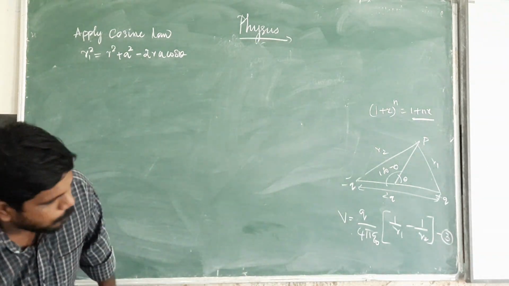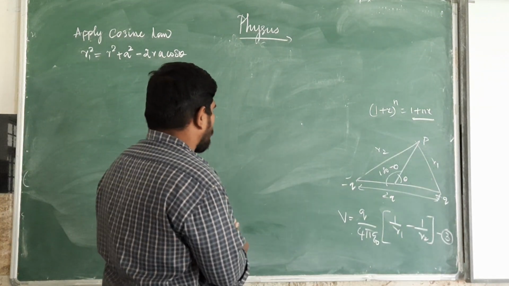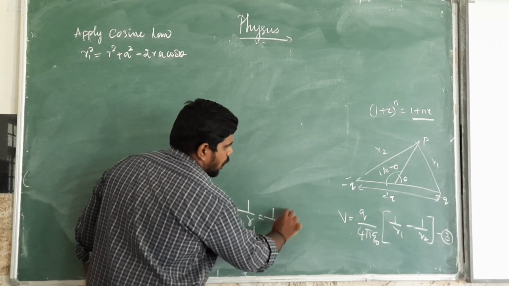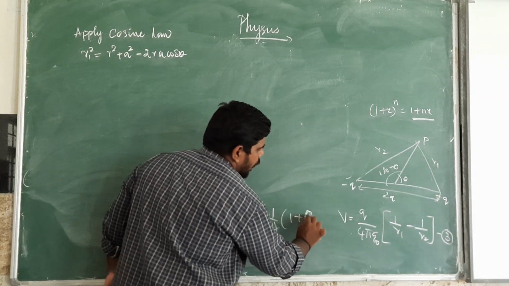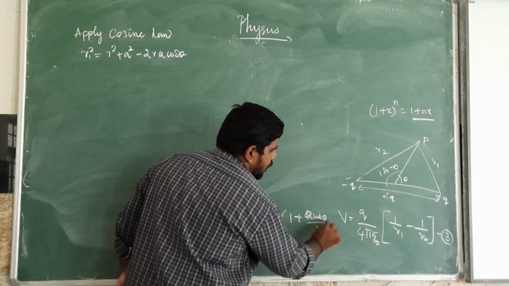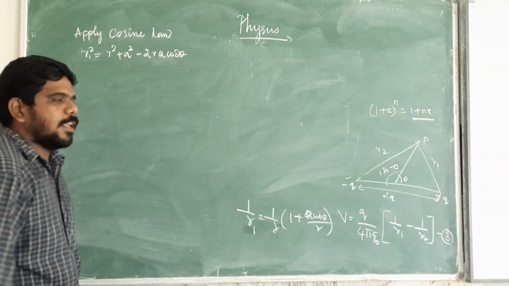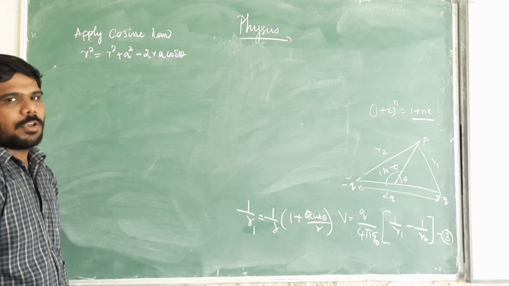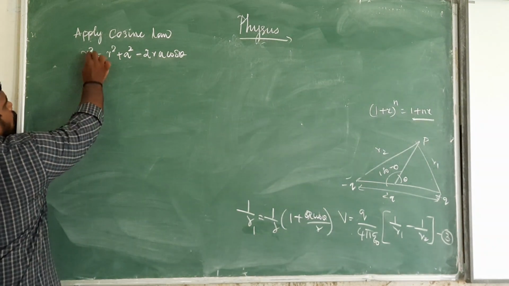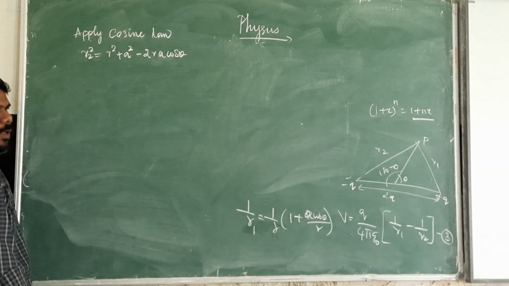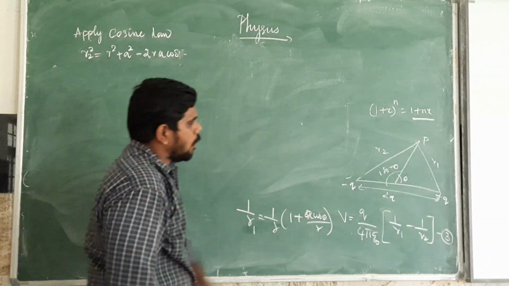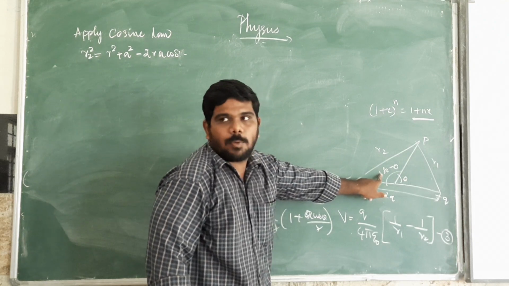For equation number 4, what do we have? 1 by R1 is equal to 1 by R into 1 plus a cos theta by R. Similarly, for 1 by R2, we write R2 square is equal to R square plus a square minus 2Ra into cos of the angle, because for R2 the angle will be 180 minus theta.